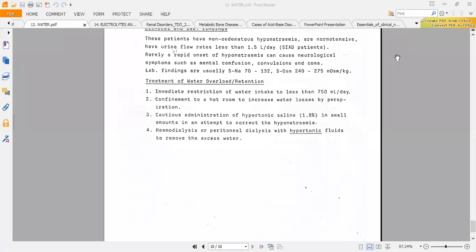Okay, no questions. Someone has a question. Okay, I don't think the person has a question. So we have 2 minutes for this session to end. Let's wait for the session to end, then we will start the electrolyte abnormalities.